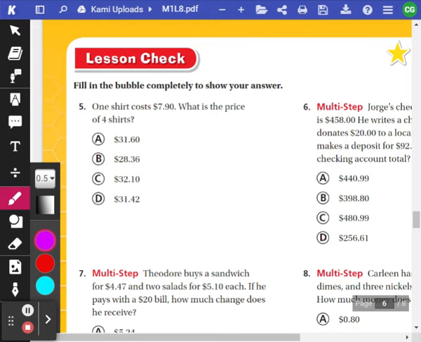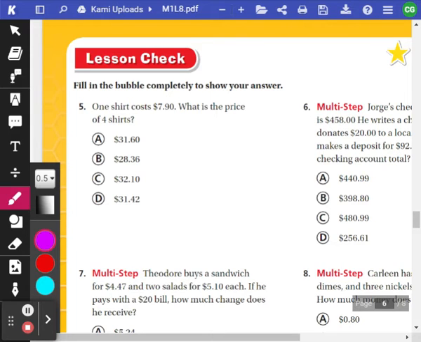So again, you can easily repeat addition on here, or so you can do $7.90 plus $7.90 plus $7.90 plus $7.90, or you can group them up.